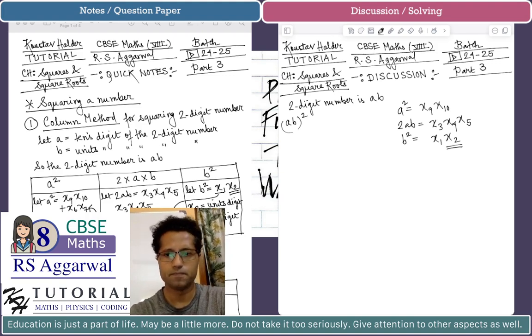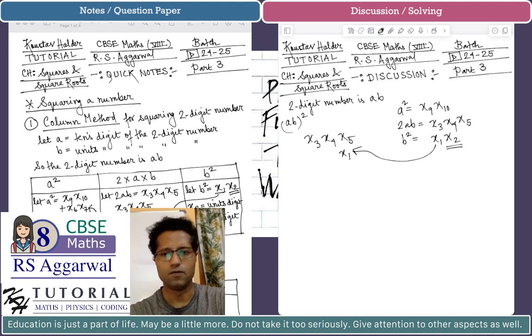So you can see that the first step is we are adding x1 to twice of ab, which is in the form x3, x4 and x5. Only if x1 exists, then we will add x1 with the value of twice ab.